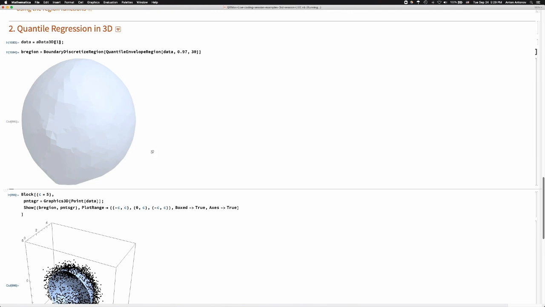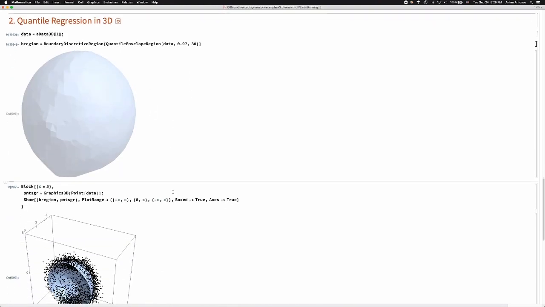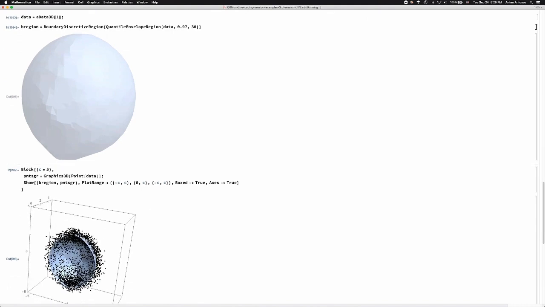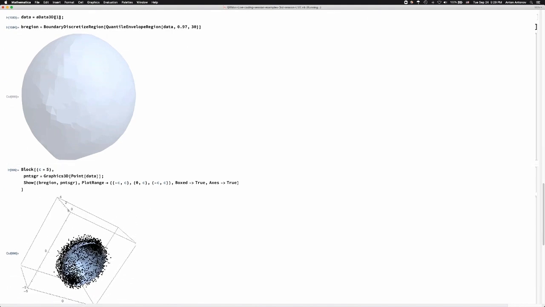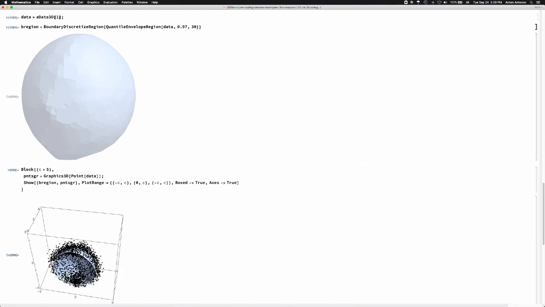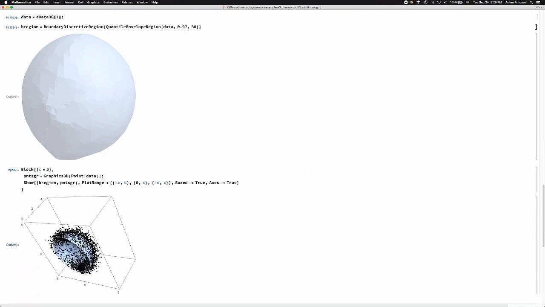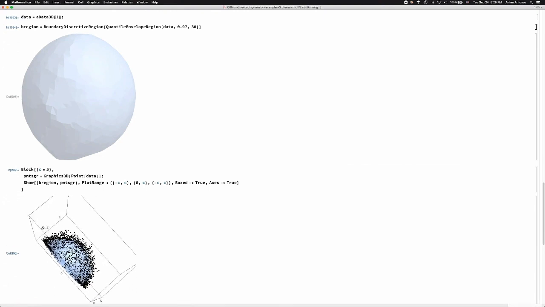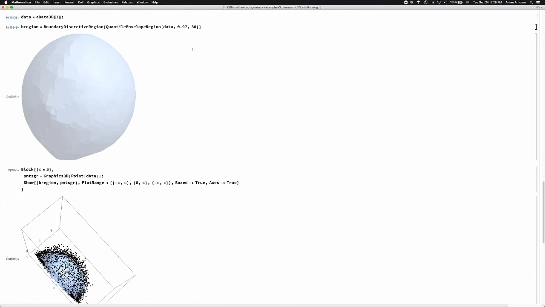The three-dimensional quantile regression does exactly the same as the two-dimensional one. We're taking the original set of points and rotating it in different directions. We're finding the center of mass, rotating it in different directions, and instead of a line, of course, we're putting a plane. And this plane separates the points according to certain probabilities.